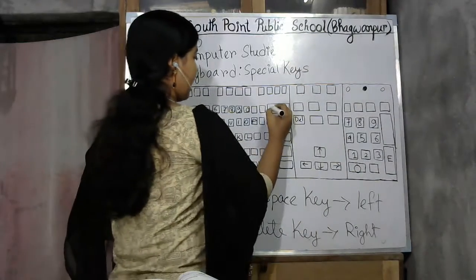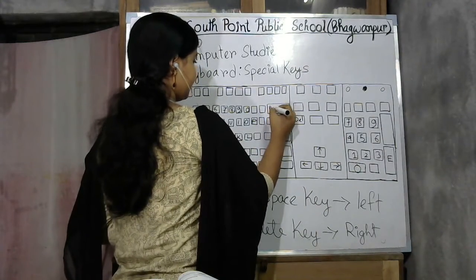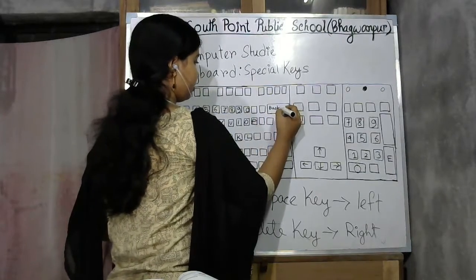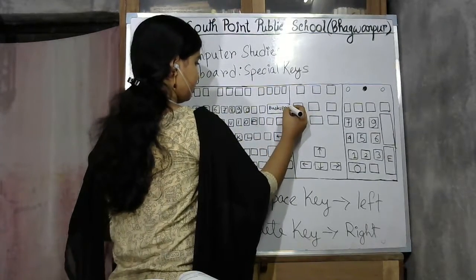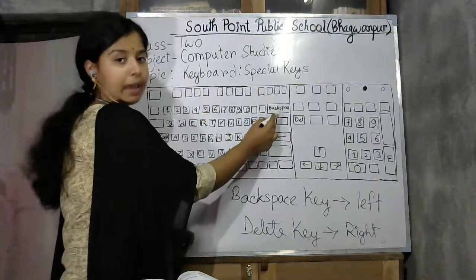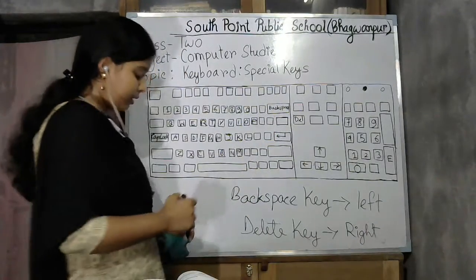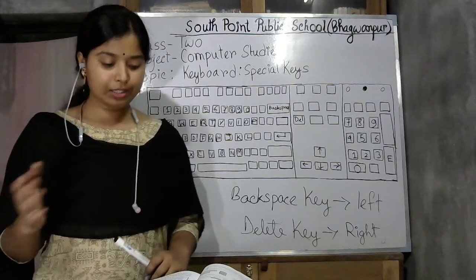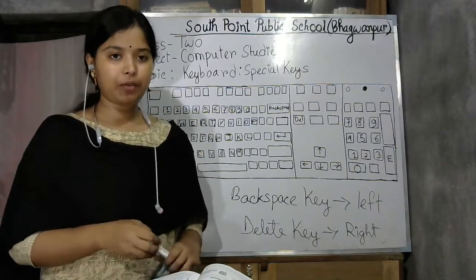This one is backspace, the bigger one on the second row. This one is backspace key. This key we can use to delete characters or numbers to the left side of a cursor.